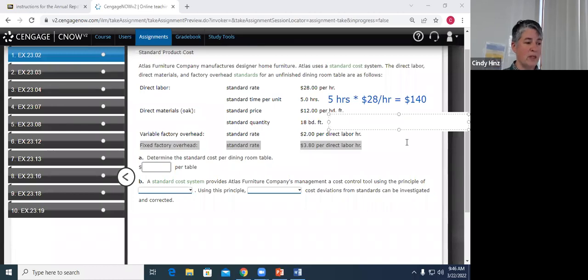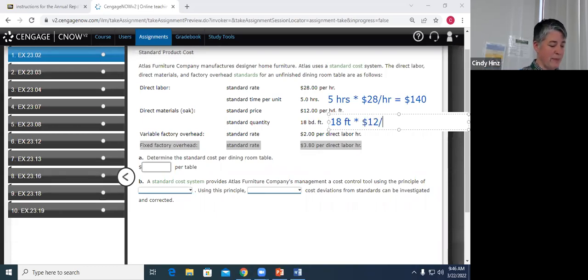Then we have our direct materials. And as is frequently the case, we have a very simplified product here, with just one direct material. That's not going to be a very common occurrence, but for this exercise, it makes it easier for us to do the calculations. And as I've said many times before, if you can do it with 1, you can do it with 10. So we don't normally need to go through 10 of these. So we have 18 board feet of lumber we expect to use to make one table.